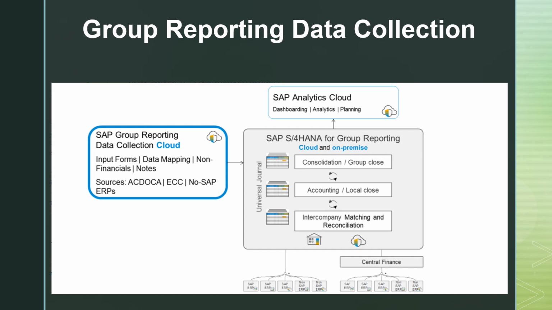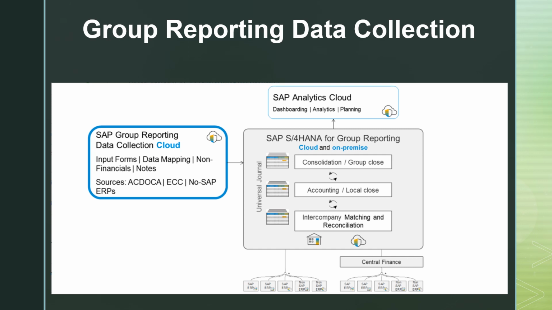GRDC is the set of apps in SAP S/4HANA Finance for group reporting that are designed for the decentralized manual collection of heterogeneous and supplemental data along the corporate structure, and the transformation and load of data in ACDOCU either from an external ERP system or from the ACDOCA table.